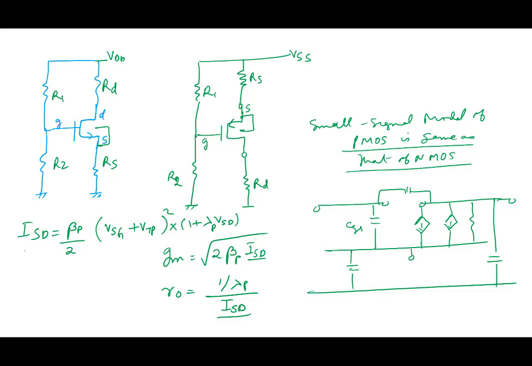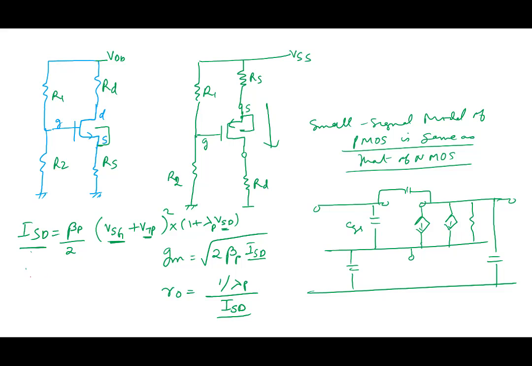Note that ISD is positive. Current flows from source to drain. ISD is positive. VSG is positive. VTP is negative. VTP for a PMOS is negative. So that's why we put plus here, because it will automatically subtract here, and VSD is positive here.